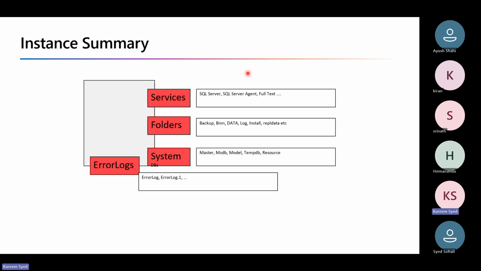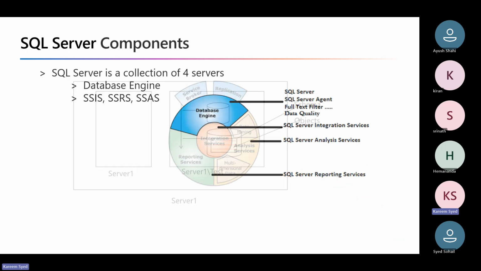Today we discussed again how to connect to SQL Server. What SQL Server components there are, workstation components and server components. After that we saw what an instance is and the types of instances in SQL Server.